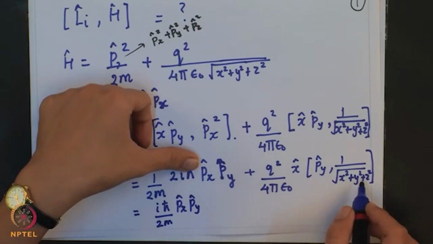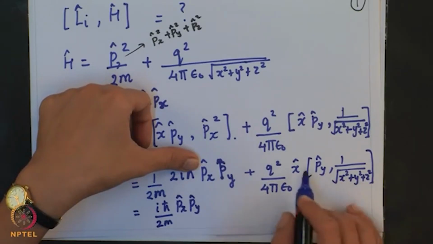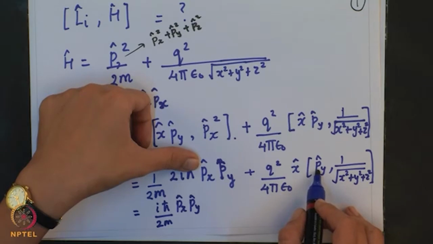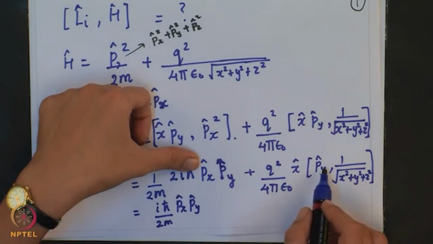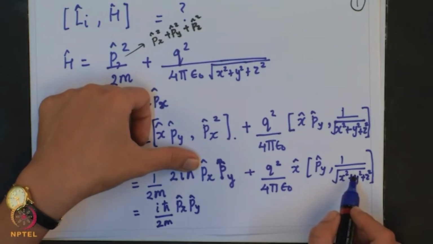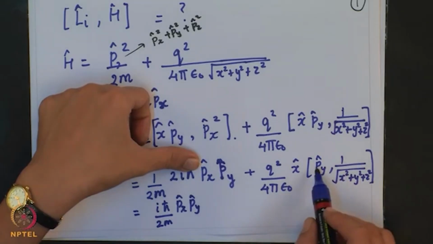The commutator of this expression will be very simple. You have to apply the momentum operator py on this, and the other time you will have the momentum operator operating on the other factor.